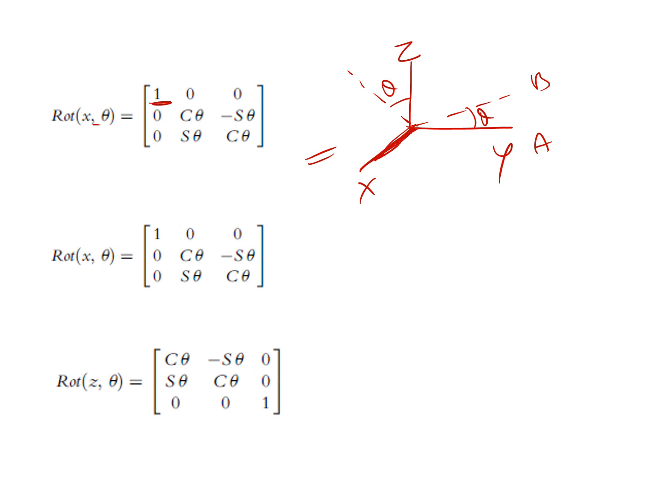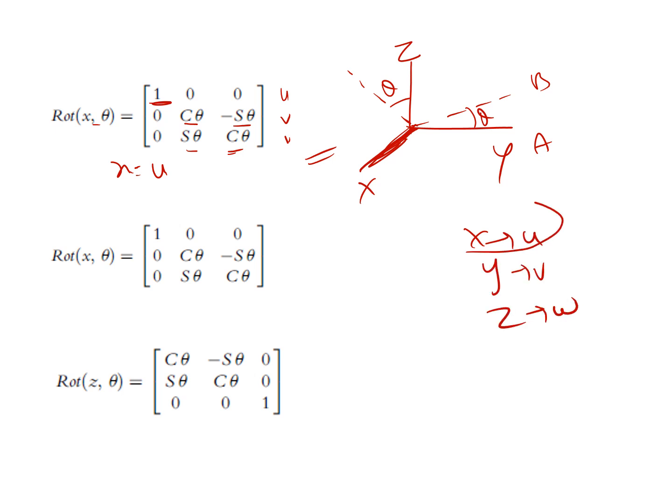If it is with respect to the x-axis, then you have to displace and do the derivation, then you will get the answer like this: cos theta, minus sin theta, plus cos theta. So actually it is UVW. Suppose in this case, x maps with u, y maps with v, and z maps with w.